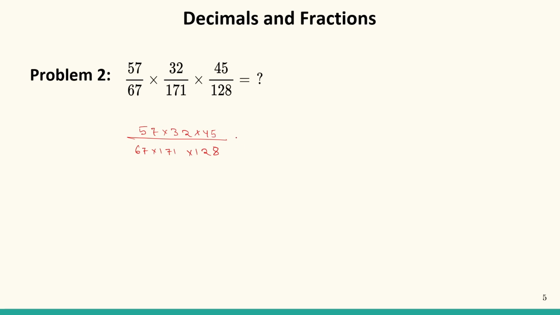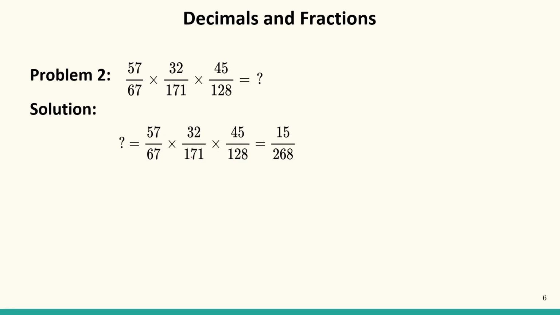So what is it equal to? Let's see, this is actually equal to 15 by 268. How? 32 into 4 is actually 128. So this can also be written as 57 by 67 into 32 into 45 by 171 into 128, and this is 4.